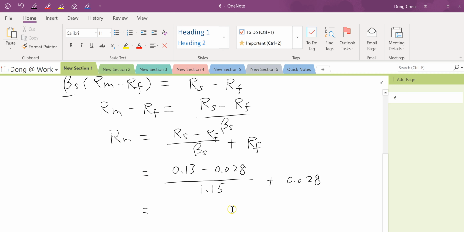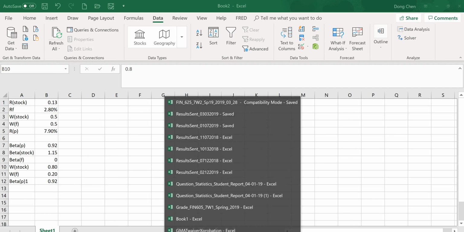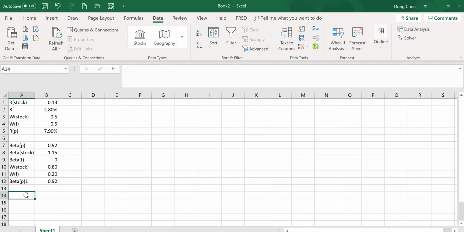That's why I also prefer to use Excel in this case to solve this equation. So how do we solve it? We can also use Goal Seek. So let me assume a number. Suppose Rm is 10%. Obviously, this may not be the correct answer.